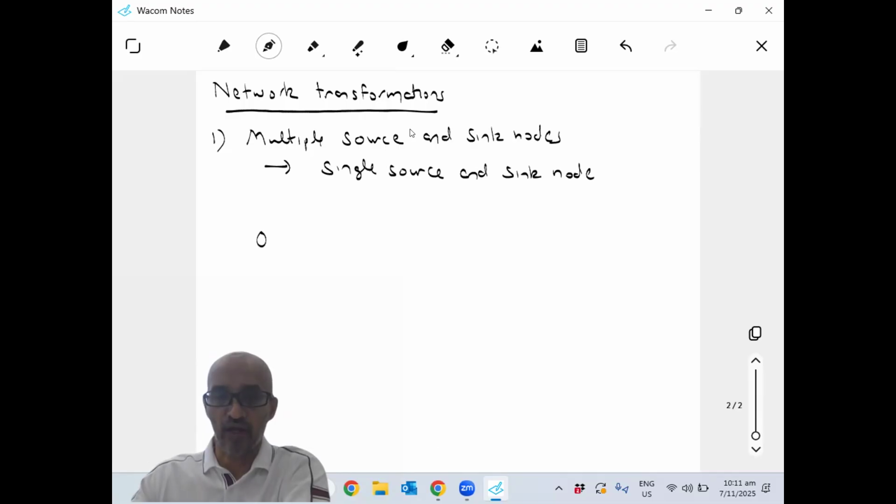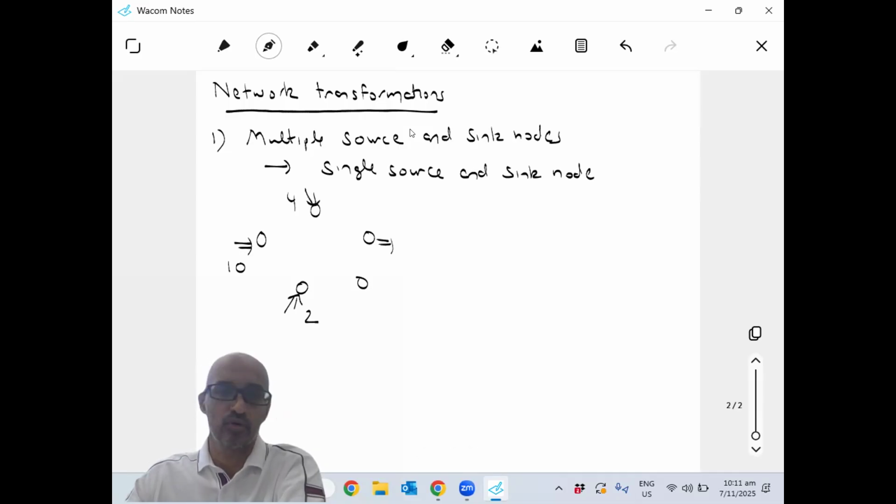So let's say I've got a network. Maybe let's say there are 3 supply points. Maybe there's 10 units coming here, maybe 2 here, maybe 4 here, maybe let's say 9 and 7. So I've got 16 units of flow external into this graph in these 3 nodes, and maybe 16 coming out.